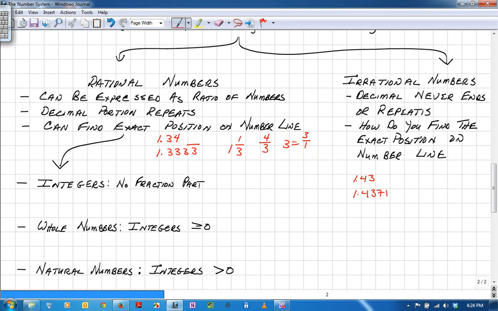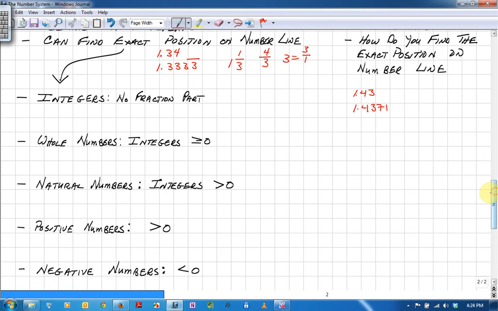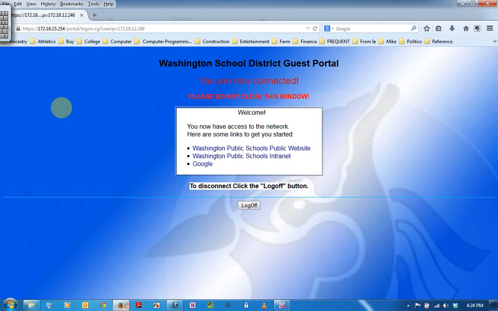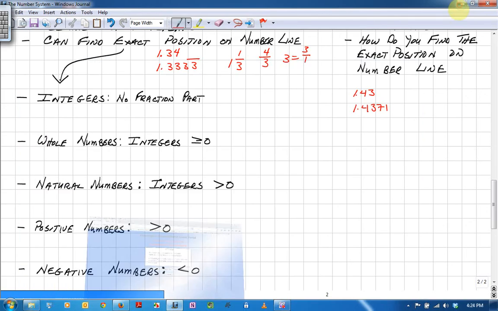Now underneath the rational numbers, we have a whole other set of definitions of numbers. And one of those definitions is integers. Integers are numbers that have no fractional part, and they could be positive or negative.